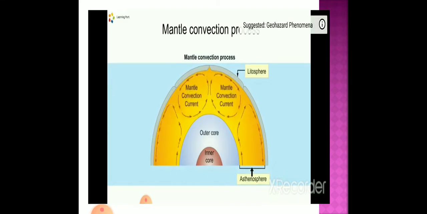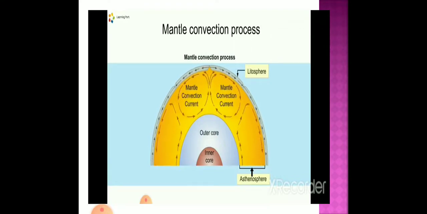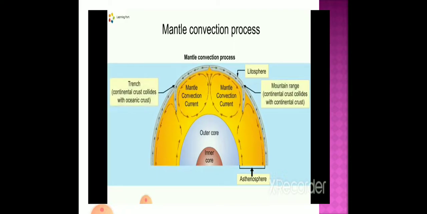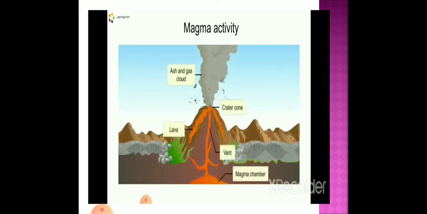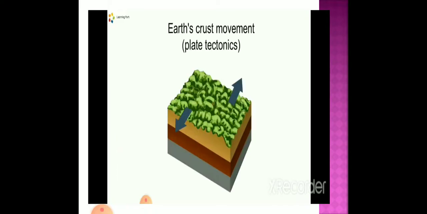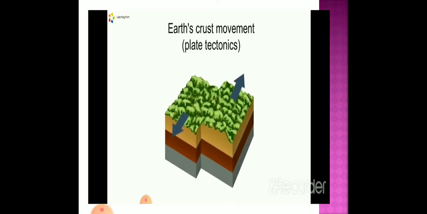This process involves, firstly, the movement of hot molten magma in the form of convection currents in the asthenosphere. Secondly, magma activity, which occurs when hot and molten magma flows out to the Earth's surface through vents in the Earth's crust. And lastly, movement of the Earth's crust or plate tectonics, which is the slow movement of huge pieces of the Earth's crust.